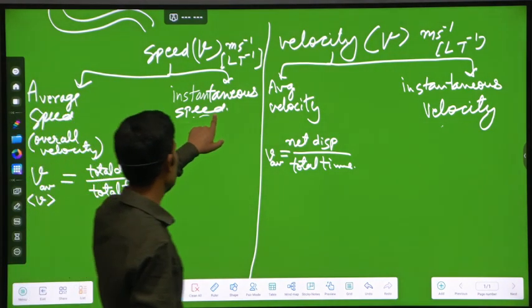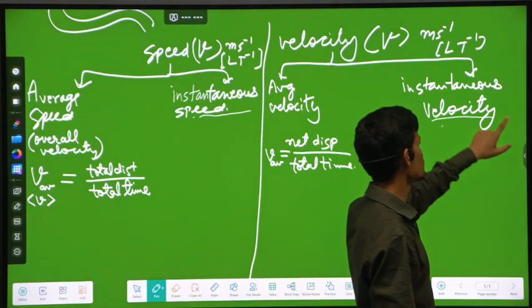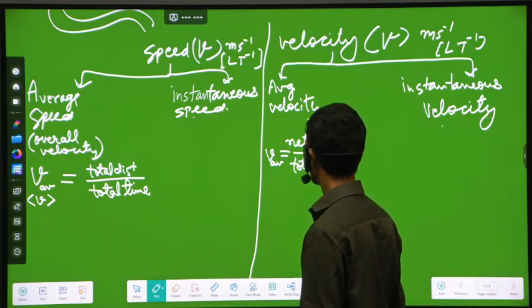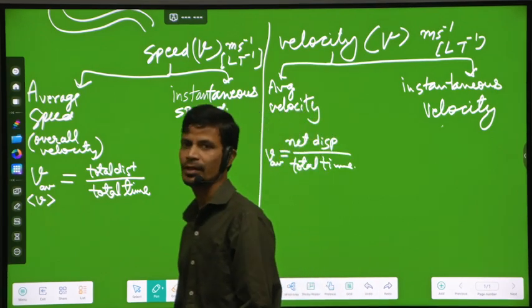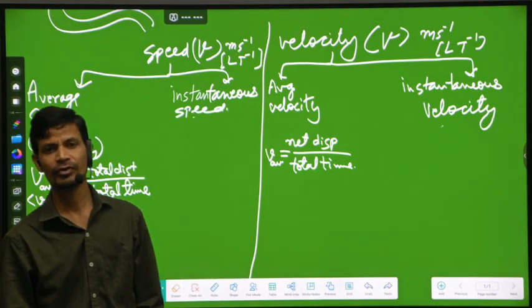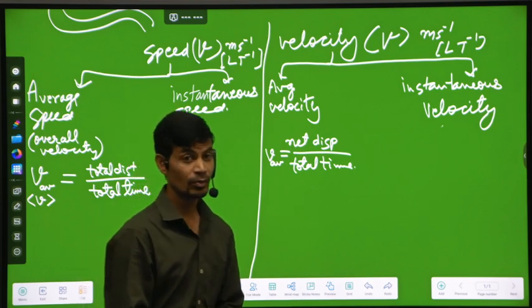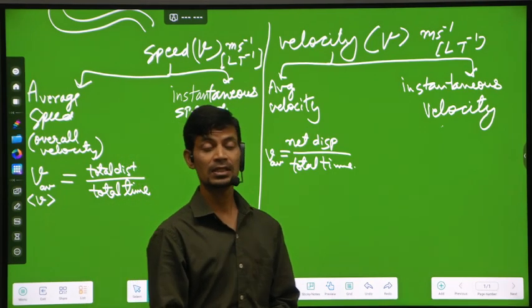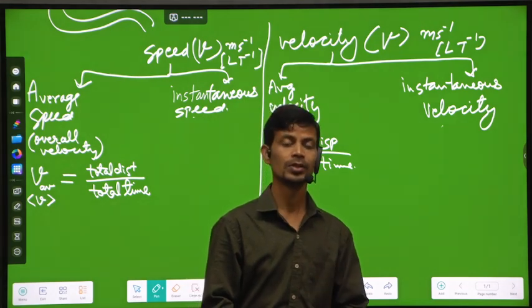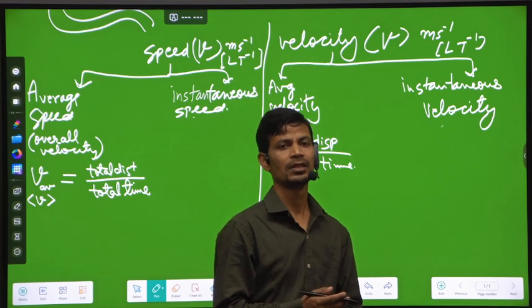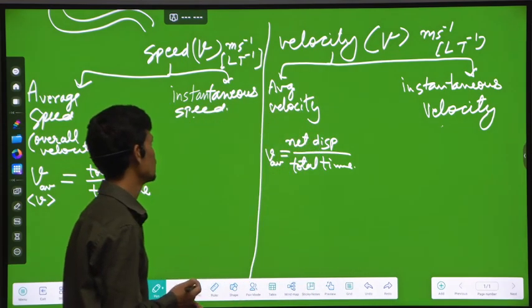Next is instantaneous speed and instantaneous velocity. If while traveling in a bus or car you have ever noticed the speedometer, the speedometer shows instantaneous speed. Instantaneous means speed at that instant.